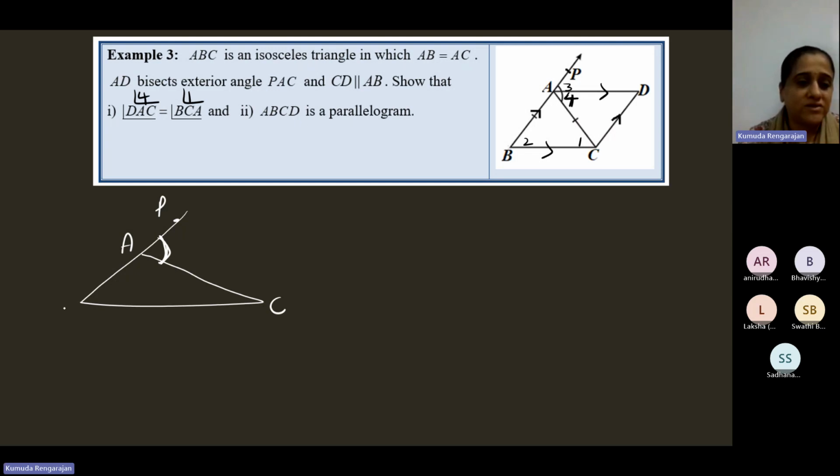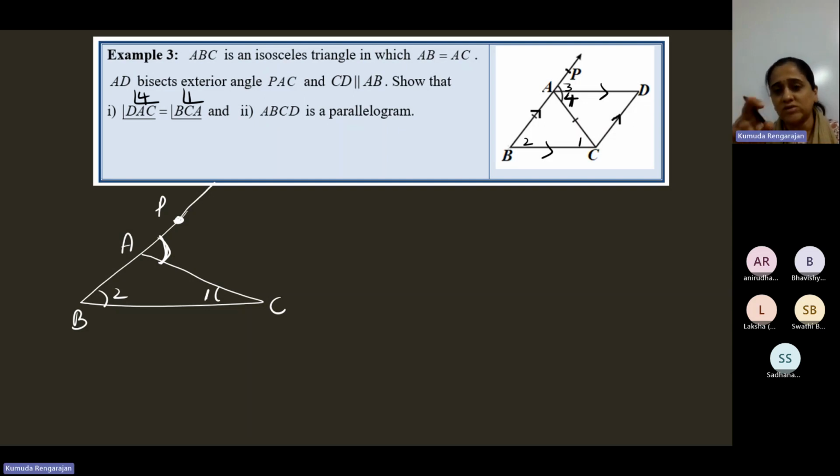And this is angle 2 and this is angle 1. So I've just taken a part of the figure, correct? Angle PAC is the exterior angle to the triangle ABC, correct? Look at the triangle ABC. The side BA has been produced to P.